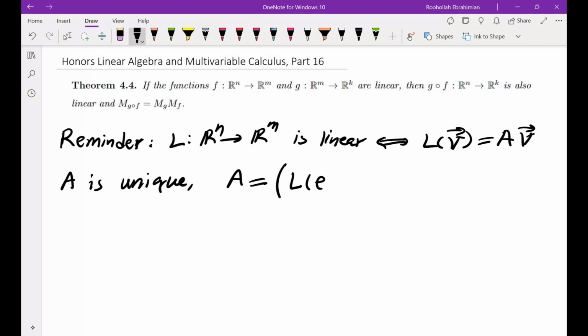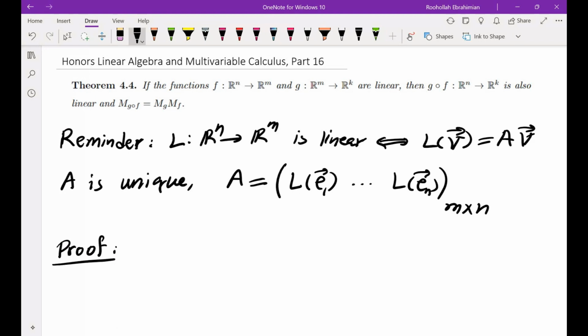It would be L of E1 all the way to L of En, and this is an m by n matrix. So again, any linear transformation is of the form L of V equals A times V, where A is L of E1 all the way to L of En. These are the columns of A, and every function of this form is in fact linear. So let's prove this theorem now.